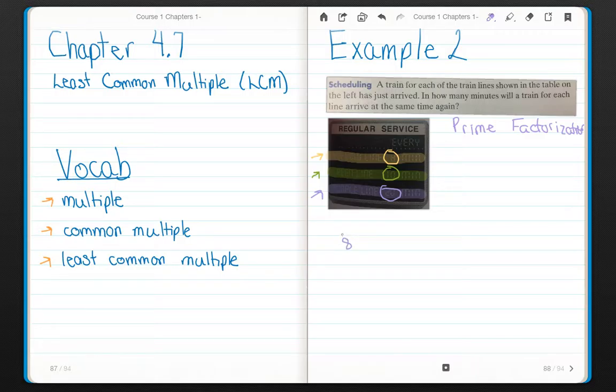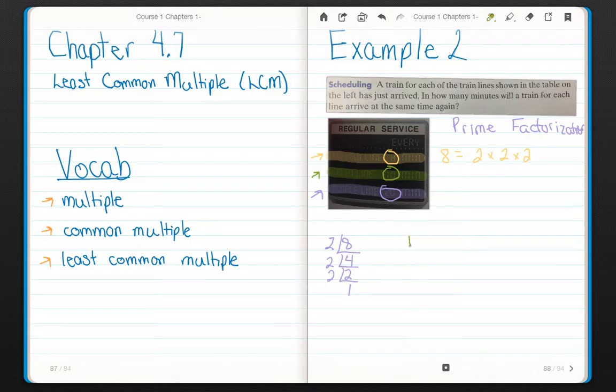So for 8, I'm going to use the ladder method. The smallest prime is 2. 8 divided by 2 is 4. Smallest prime is 2. 4 divided by 2 is 2. Smallest prime is 2. 2 divided by 2 is 1. So I'm done. We'll go ahead and color code this. 8 equals 2 times 2 times 2.